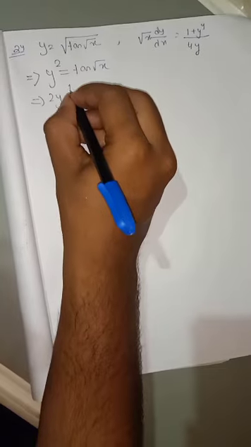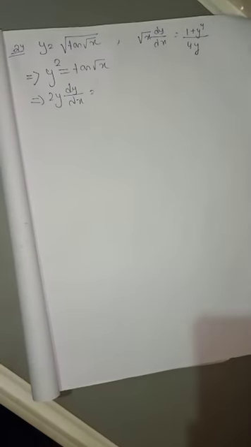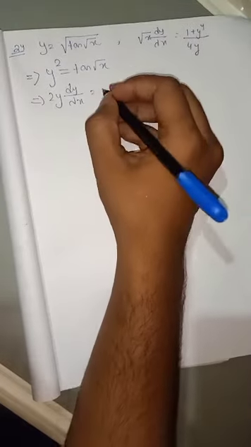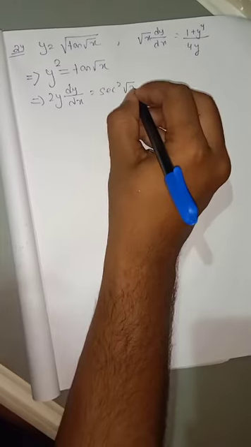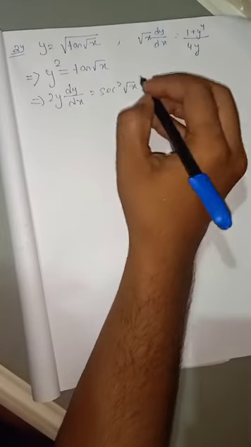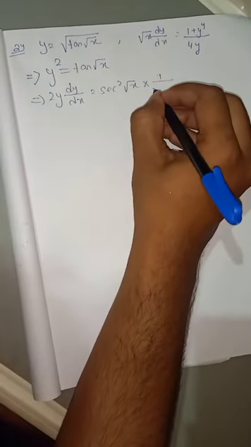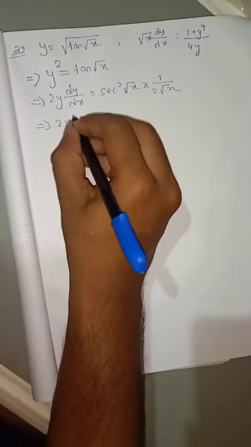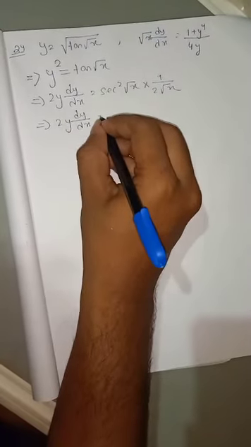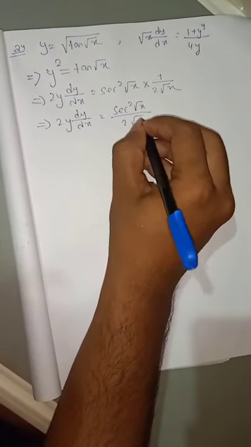So differentiating both sides with respect to x, you get 2y dy by dx equals derivative of tan root x, which is sec square root x into 1 by 2 root x. Okay, 2y dy by dx is equal to sec square root x by 2 root x.